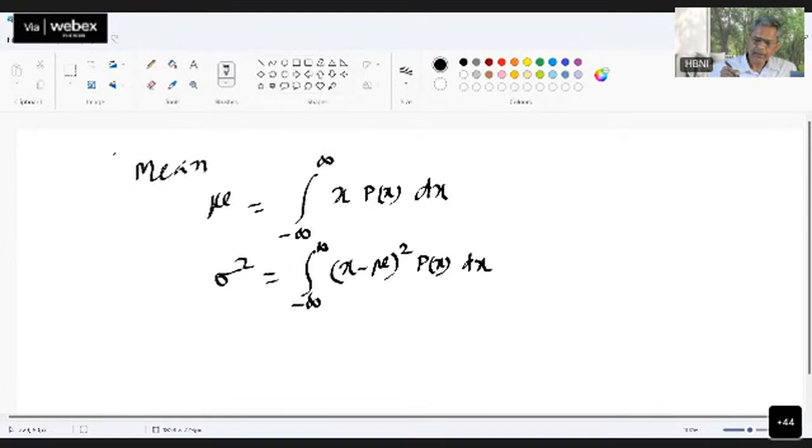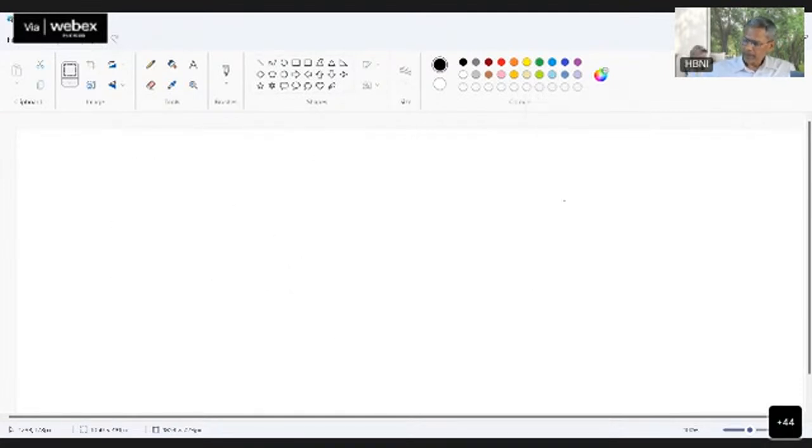One very interesting thing in statistical physics is what happens if the number of observations is increased. Suppose you have measured your average value mu, and also the standard deviation. Suppose you increase the number of observations.